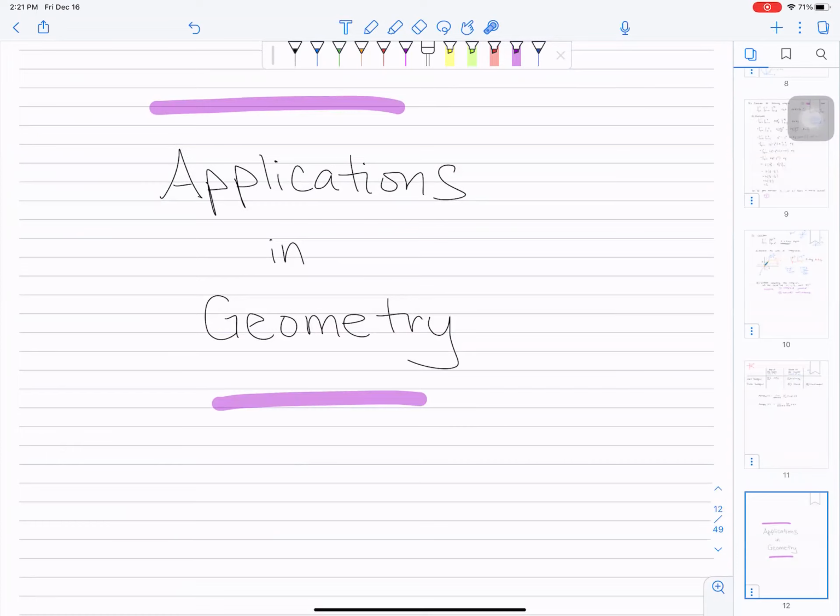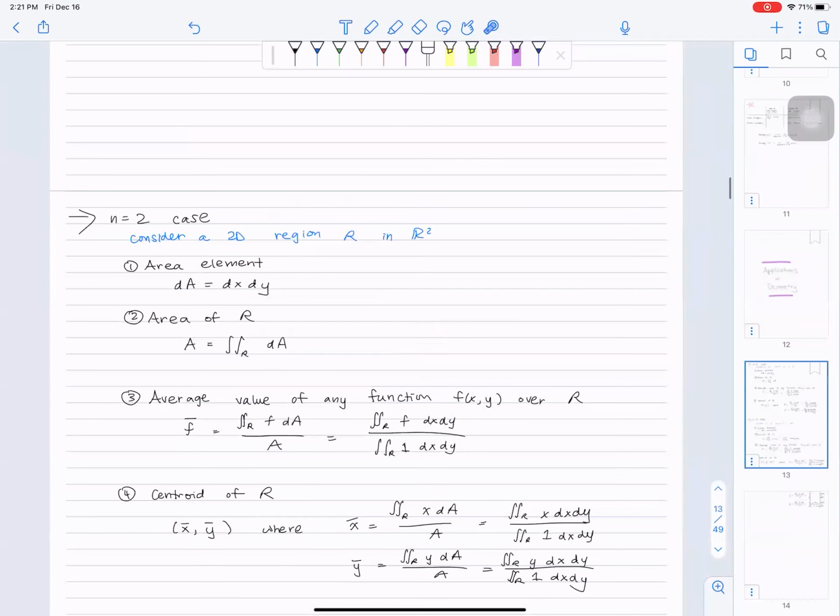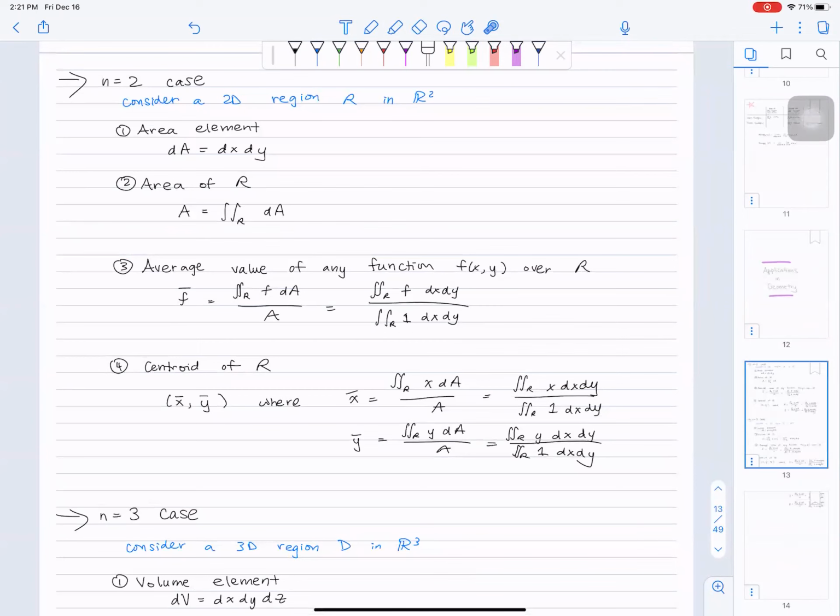Okay, the first application is applications in geometry. So here I've written again the different cases. We have the n equals 2 case, meaning if we're in 2D, you have all of these formulas. When we think of geometry, those are shapes, and so the natural thing to think about is: what is the area of a shape? What is the volume of a shape?